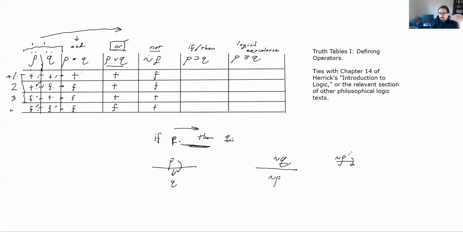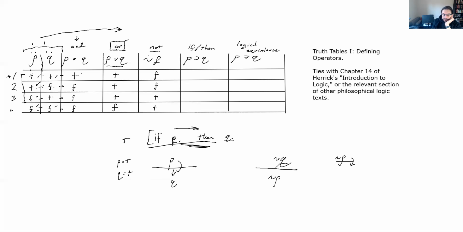What I mean by this is, given this statement, if P is true, then Q is true, and P is true. That forces Q to be true. So in this case, P is true, and Q is true. And the statement keeps its integrity. So we're going to say that the statement as a whole is true.